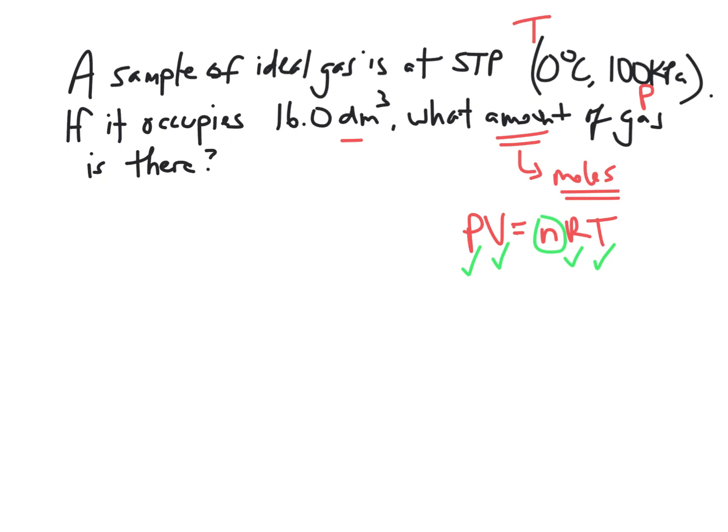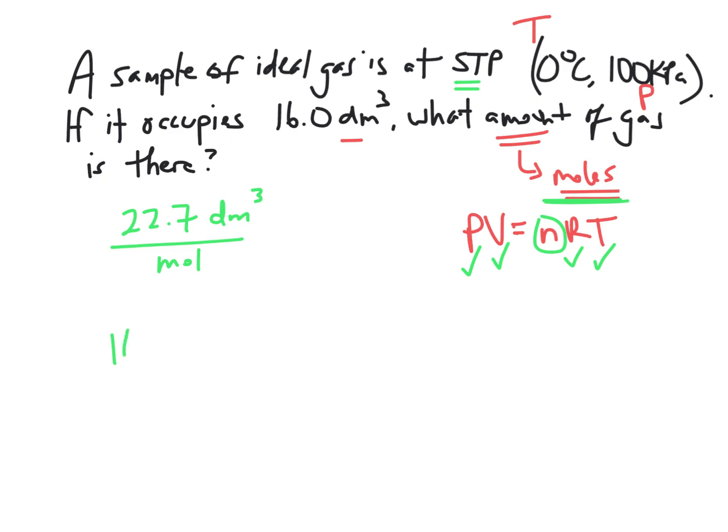There's another way to do it as well, which is using Avogadro's constant. And that's, in my opinion, a little bit easier because it's at STP. Remember, we can assume that at STP, any ideal gas is going to occupy 22.7 liters. So our constant here, Avogadro's constant, is 22.7 liters per mole. If our final target is to figure out the moles of gas, how are we going to use that constant?